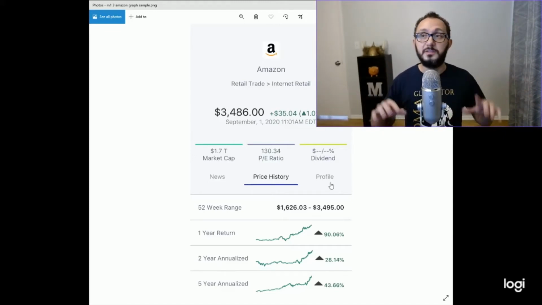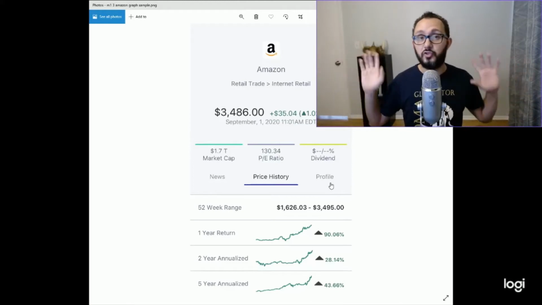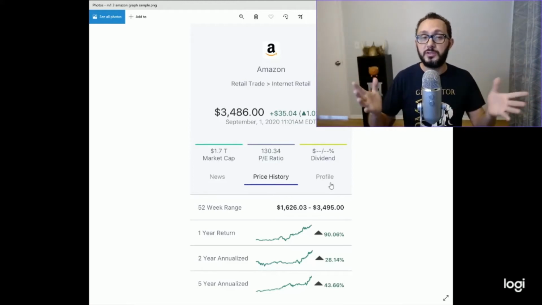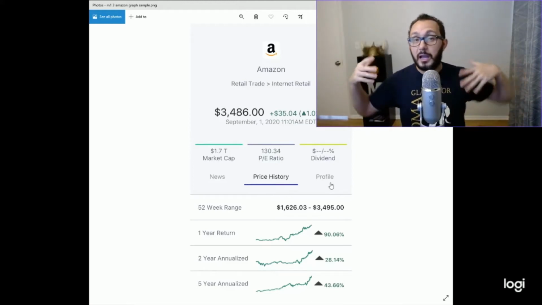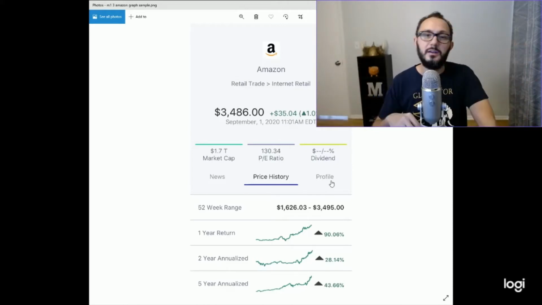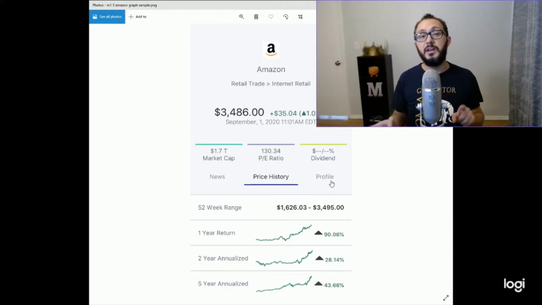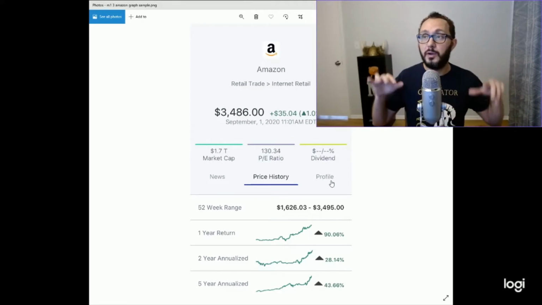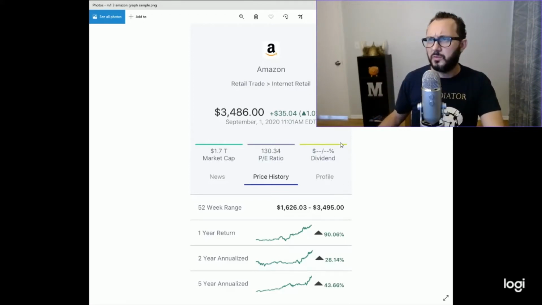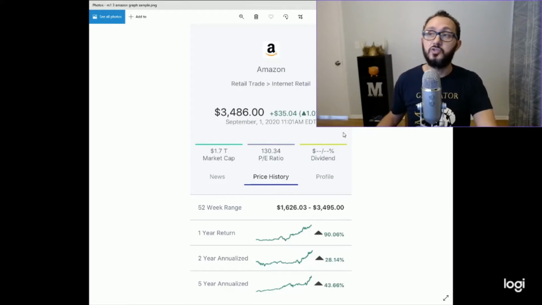All platforms I've seen had graphs like these or similar to these, and this information helps you understand how the company is doing today and how it has done in the past. It also shows you the last 52 weeks range, and the lowest it went was 1,626 and the highest it has sold was 3,495, and right now it's selling for 3,486.